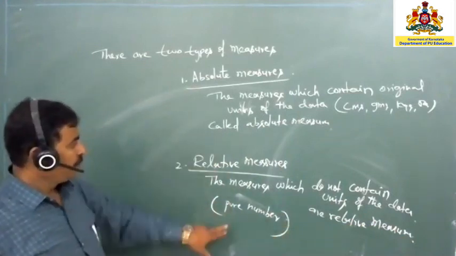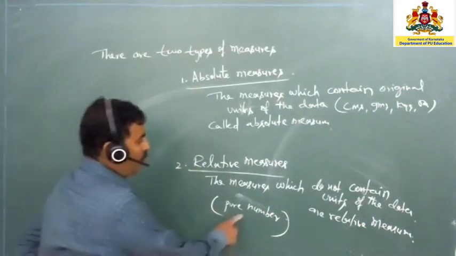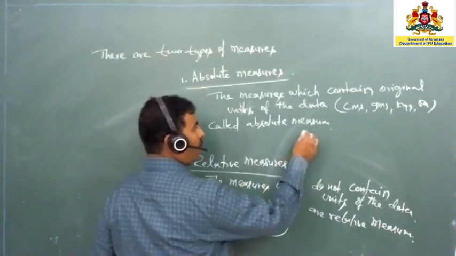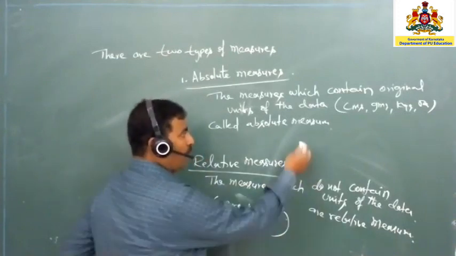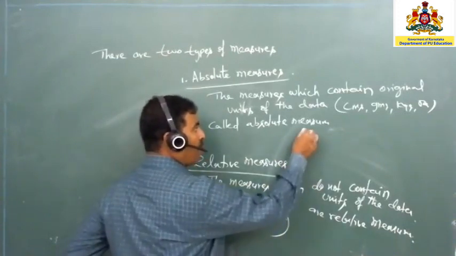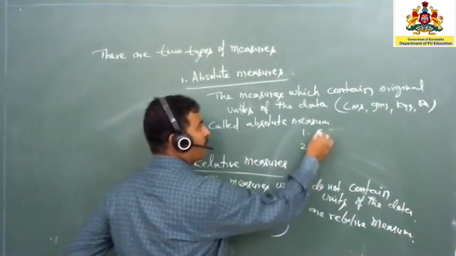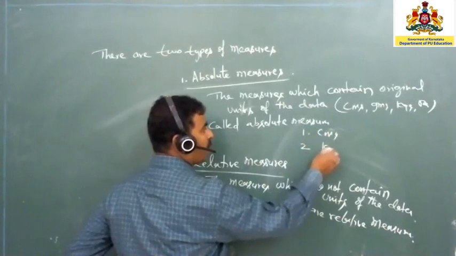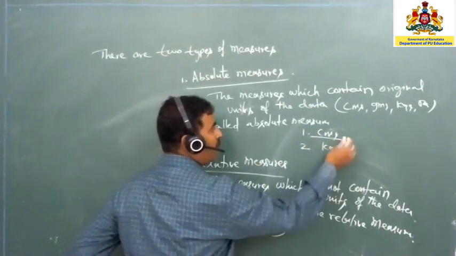Here, for example, there are students, the data related to students, heights and weights. Heights in centimeters, weights in kgs.